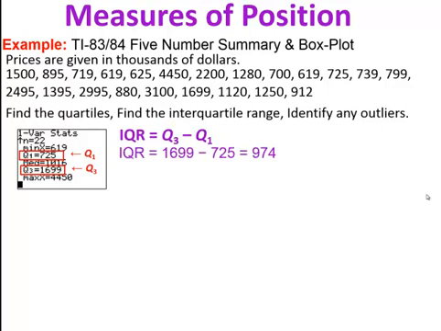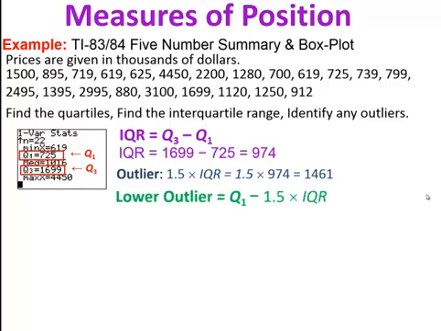So I get 1,699 minus 725, and my interquartile range here will be 974. To find the outliers, I need to multiply 1.5 times that interquartile range, and I will get 1,461.